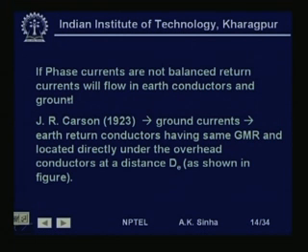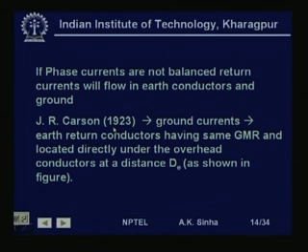So, if phase currents are not balanced, return currents will flow in earth conductors and ground, because these earth conductors are connected to the tower and grounded by the tower footing. The current flowing in these earth conductors will go into the ground and disperse and flow in the ground also.